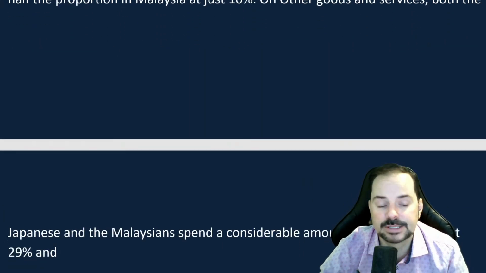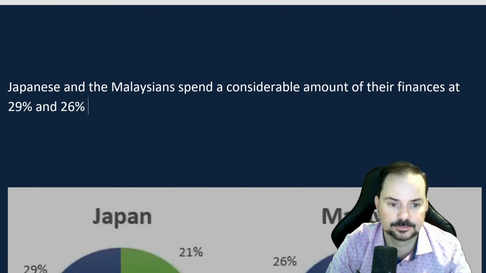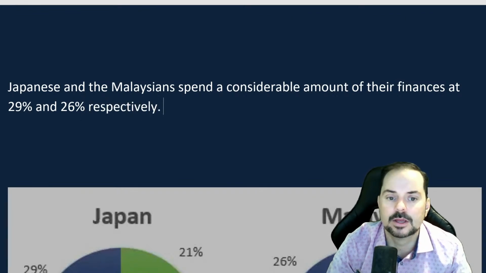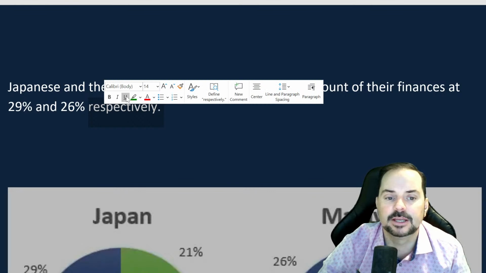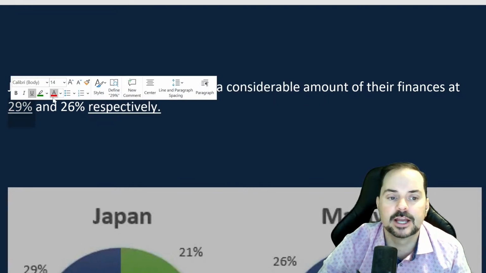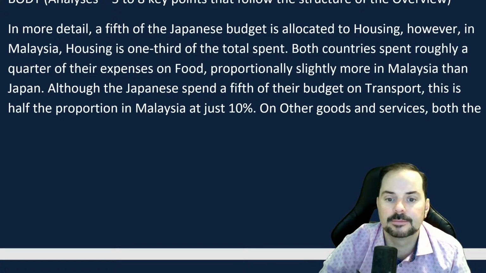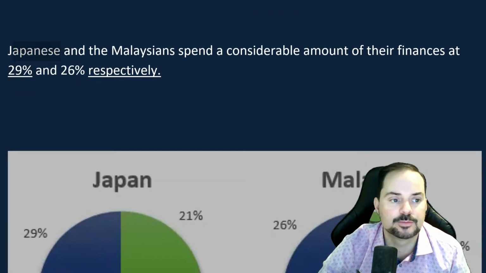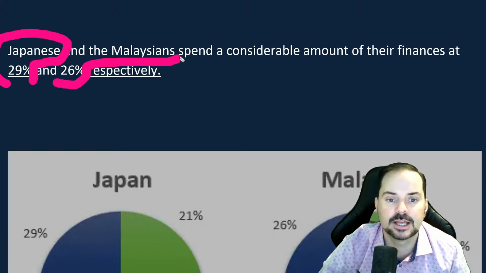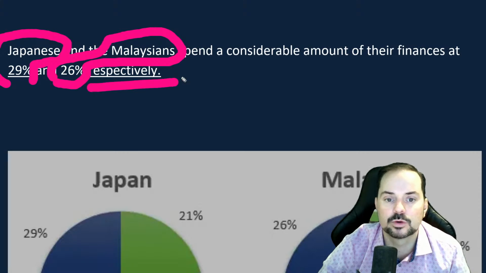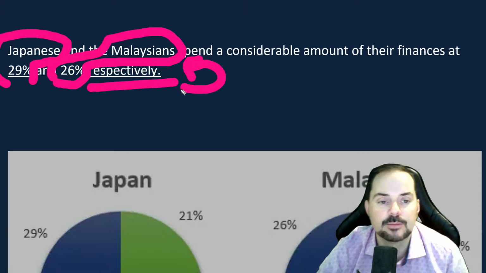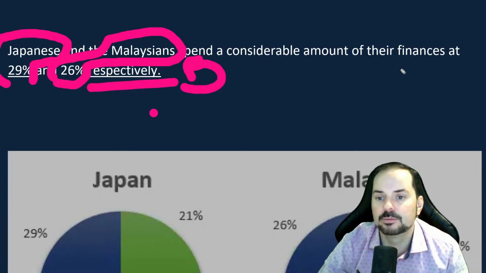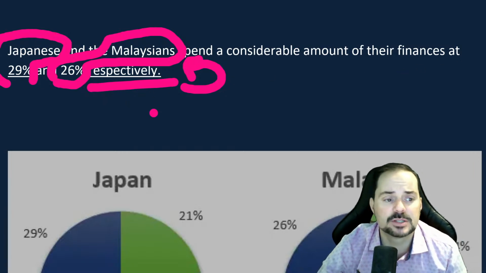Notice how I don't write percentages. This word respectively, it basically means that the 29% is the expense in Japan. Okay. Yep, here you can see it clearly. So it's Japan. Okay. And that 26% is Malaysia. It follows the same order. This word tells your reader that it's the same order. So spend considerable amounts on their finances, 29 and 26% respectively.